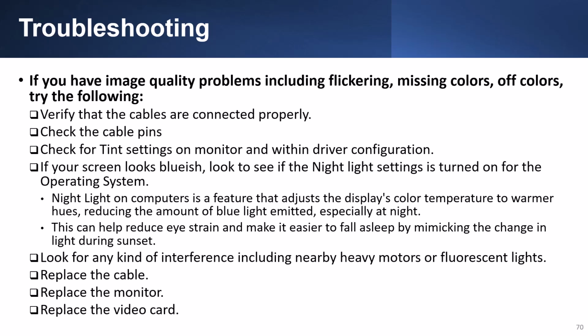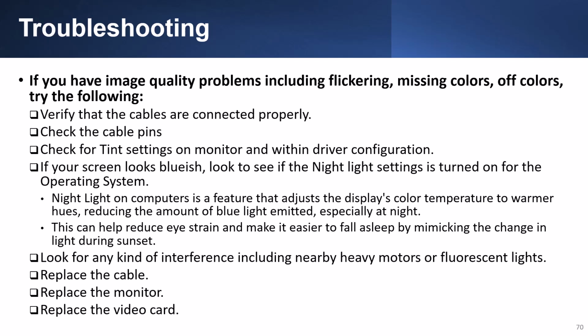If you have image quality problems including flickering, missing colors, or off colors, first look at your cable and cable connectors for damage, including the connector and pins. Check for tint settings on the monitor and within driver configuration. If your screen looks bluish, look to see if the night light setting is turned on for the operating system.